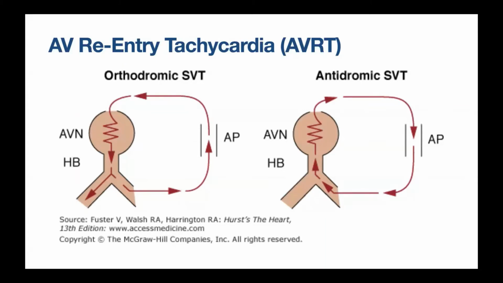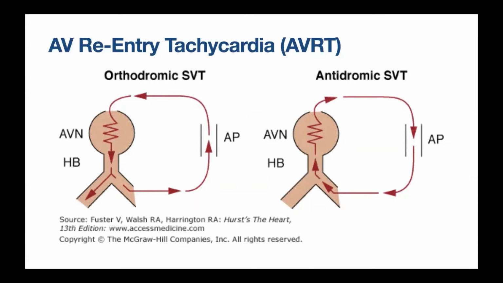While in the other situation, in the antidromic SVT, again, the tachycardia start with the premature atrial contraction. And then here, the accessory pathway can conduct through this pathway, through the accessory pathway. And usually, as we said, it must have a different refractory period. So one has to have a long refractory period and other one has to have shorter refractory period.